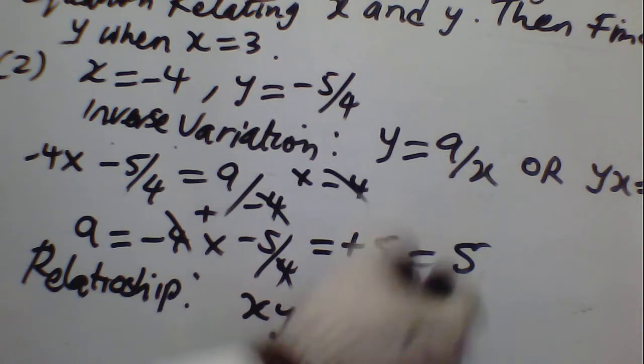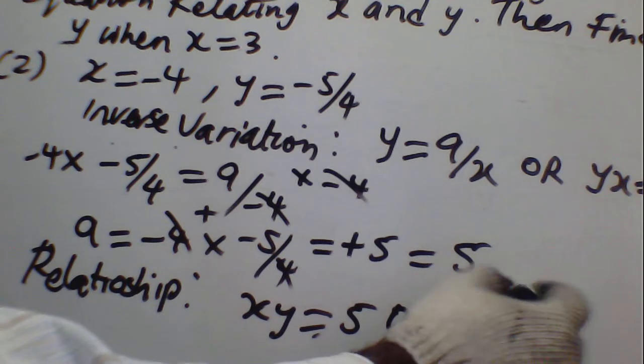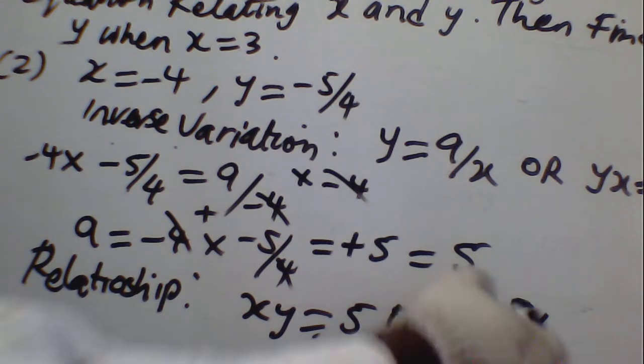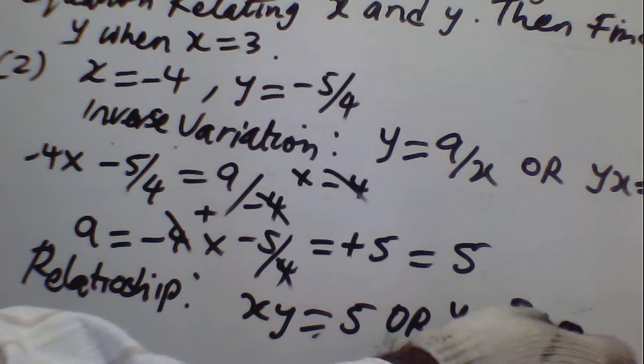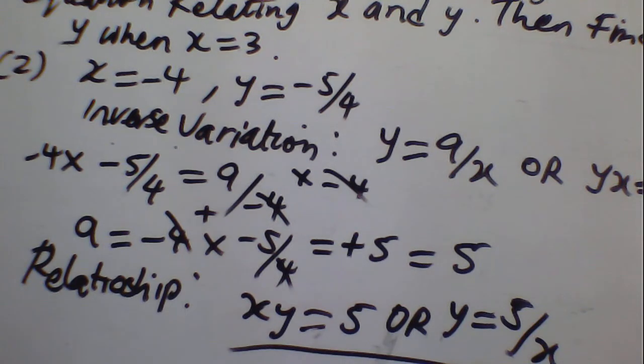Or you can write it in this form, y is equals to 5 over what? Over x. Any of these equations will satisfy the relationship between x and y.